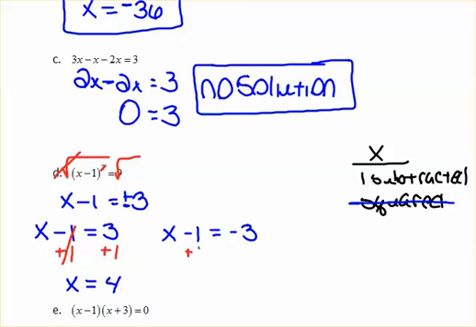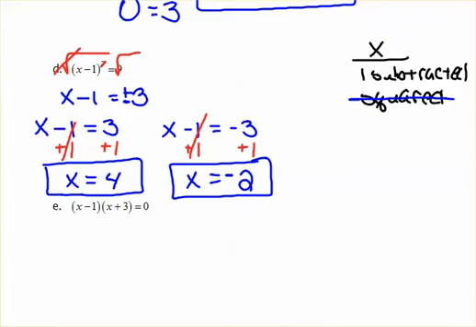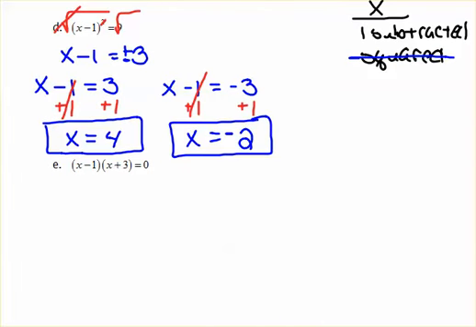Here, when I add 1 to both sides, then I will have x equals negative 3 and a positive 1, so the signs are different. I will subtract and keep the sign of the larger number. So we actually have two solutions for these problems. And that's because it was a quadratic, which means that it has two solutions. If you remember back from your college algebra, the degree of the polynomial tells you how many solutions you have.